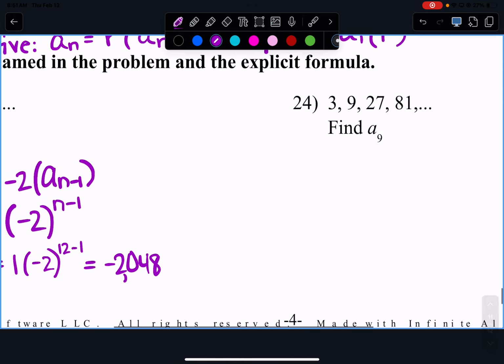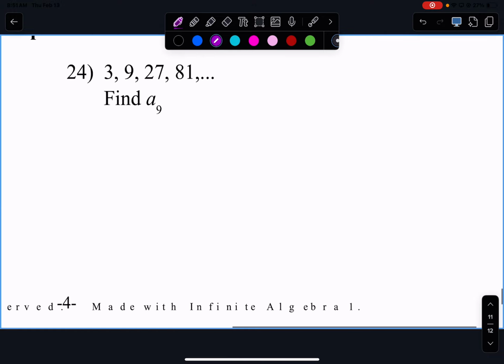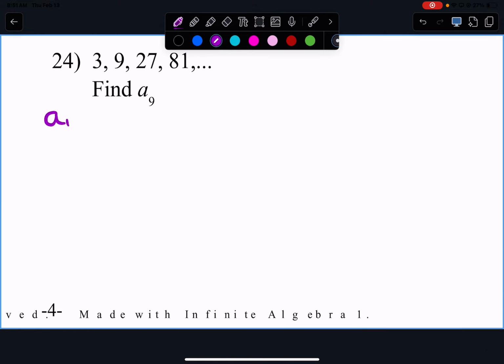For 24, what is our A1? What's our initial? 3. What is our ratio? 3. And so when we go to find our recursive, we are just going to do AN is equal to our ratio times AN minus 1.